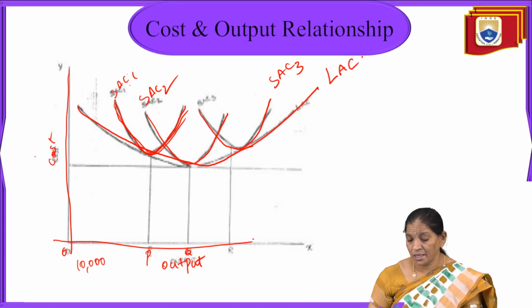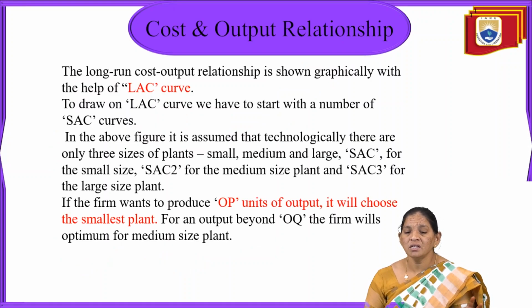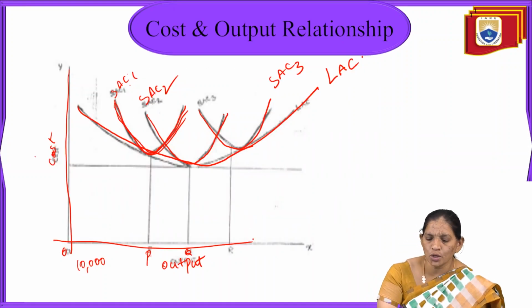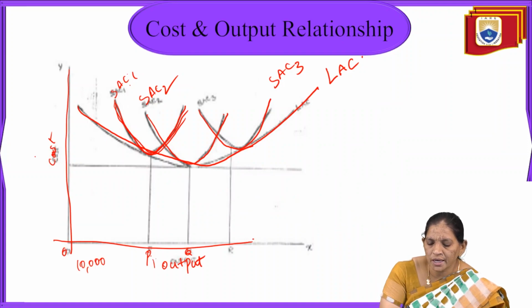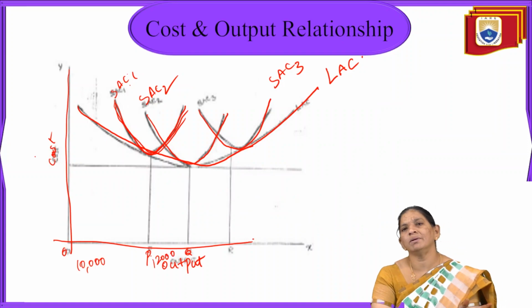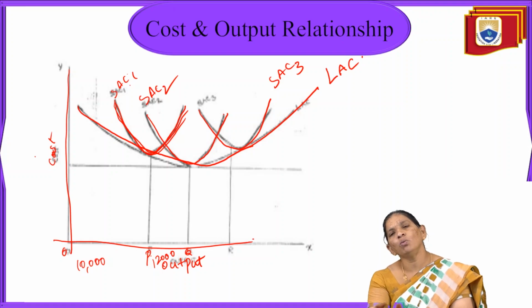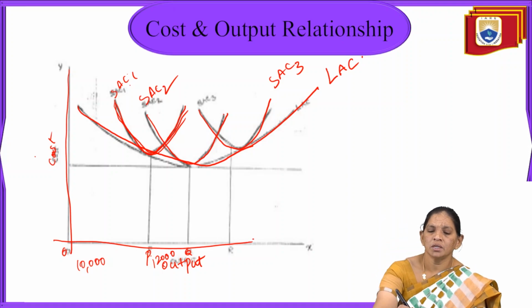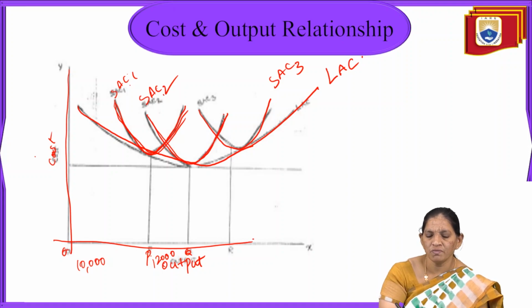Once the demand has increased, maybe like OQ, say 12,000 units, then I want to go for a medium curve, that is short run cost curve 2, where OQ is the medium cost curve.